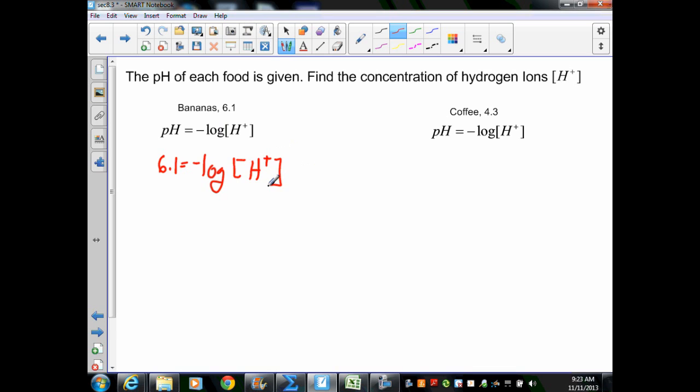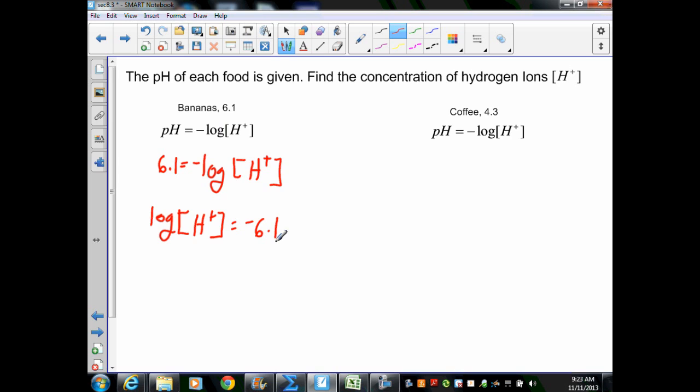H+. We know this is a common log because there's no base given, so we know that's 10. So the first thing I want to do is solve for log H+. To do that, I'm going to divide by -1 on both sides, which gives me log H+ equals -6.1.